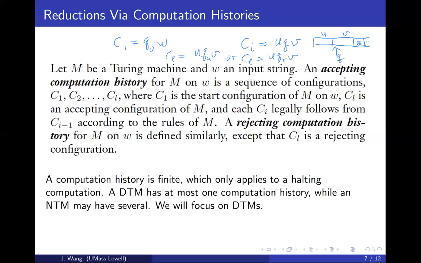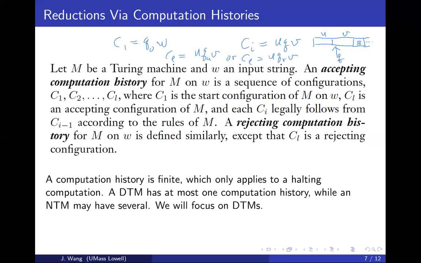A DTM, a deterministic Turing machine, has at most one computation history on any input W, while a non-deterministic Turing machine may have several.